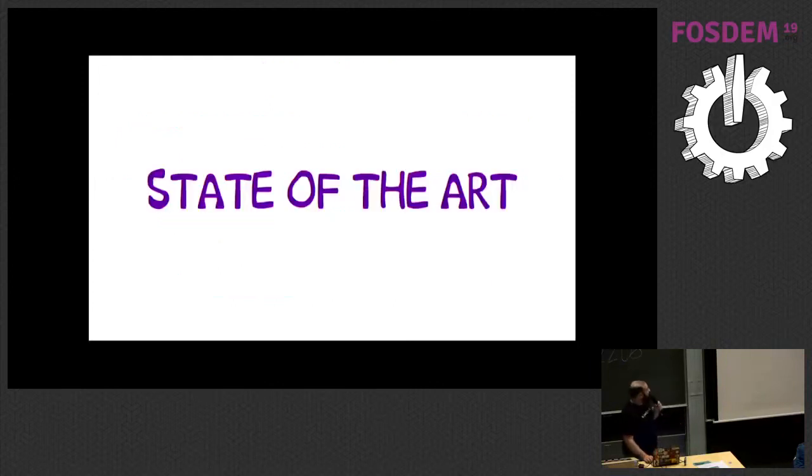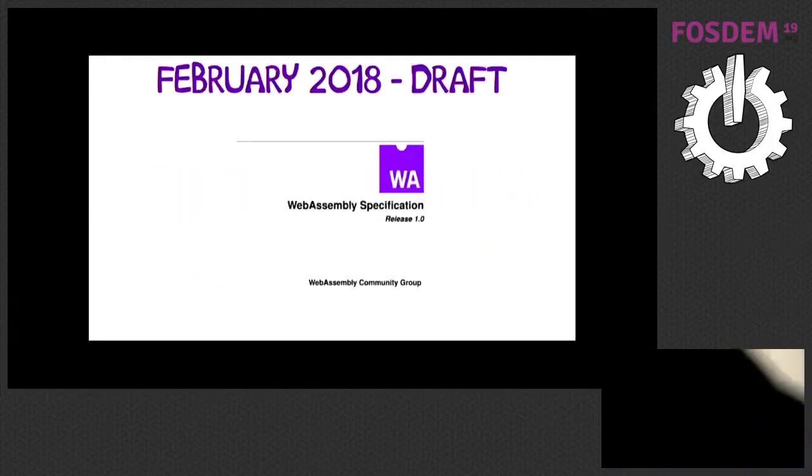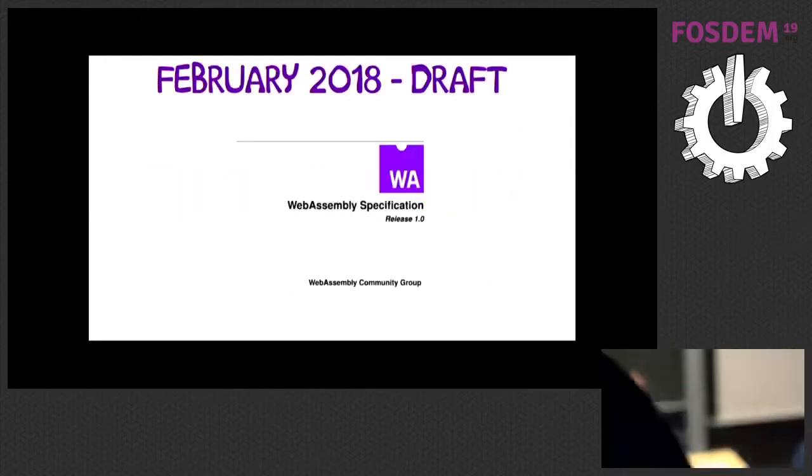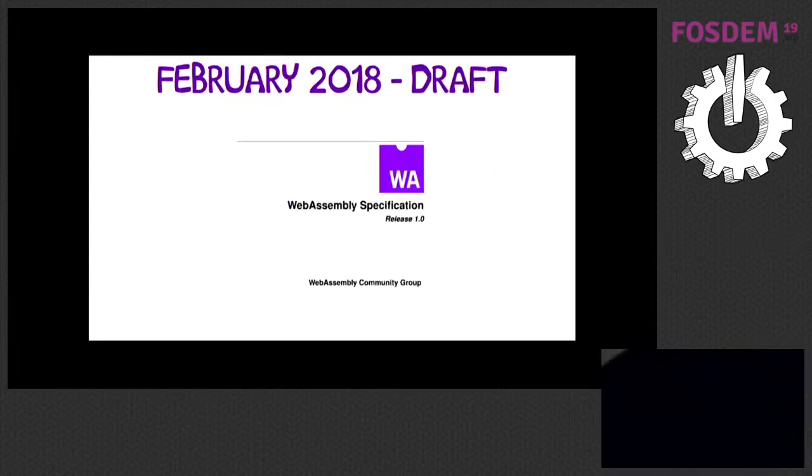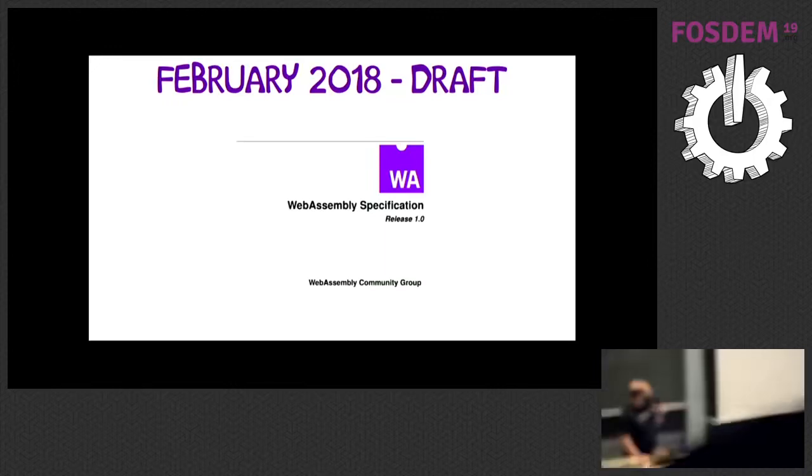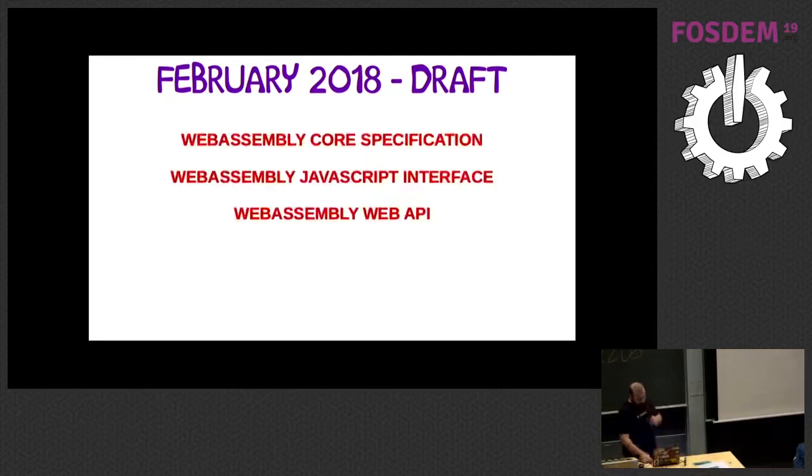From February 2018, the draft of the specification for the 1.0 release was released. It is a draft and frequently updated, and the last update was the day before yesterday, so it's very recent. This draft defines the specification about the core, the JavaScript interface, and the web API.